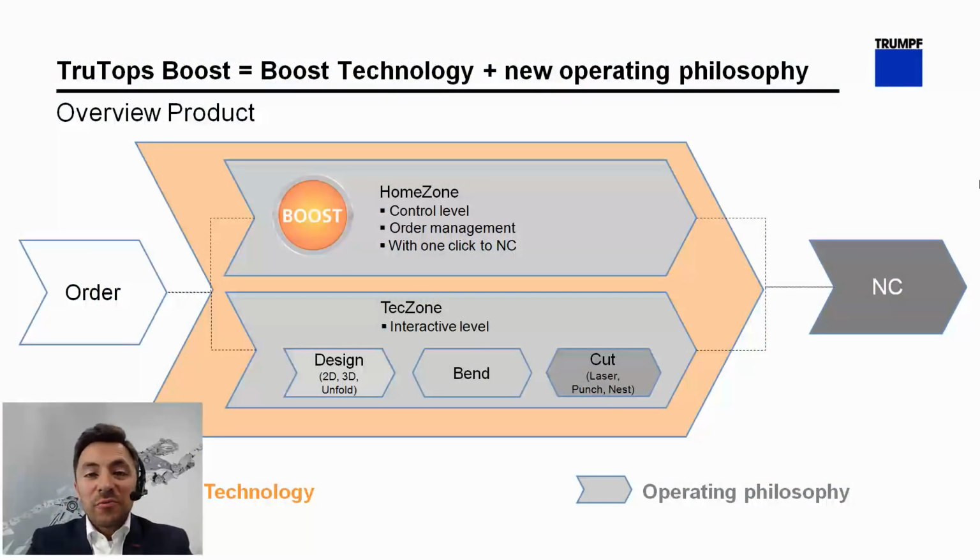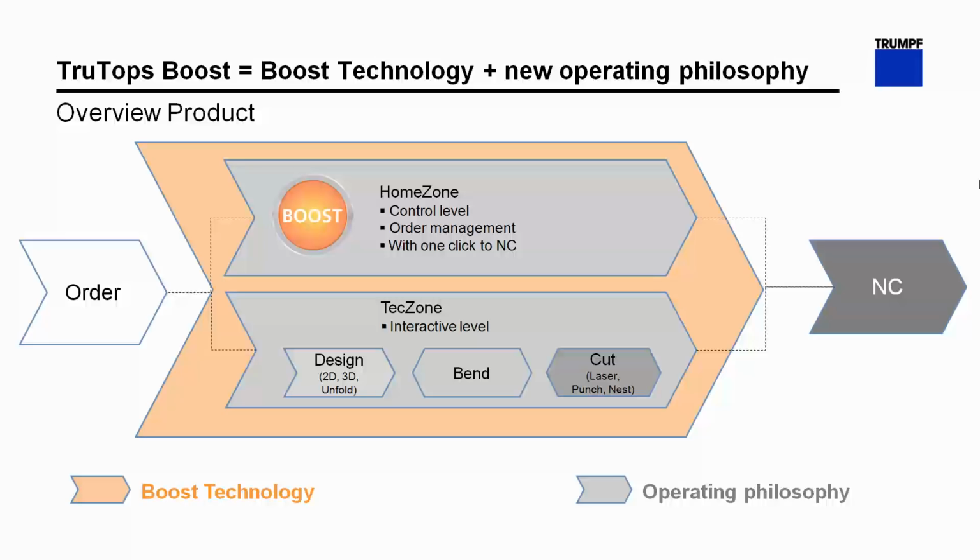So let's remind ourselves how TruTops Boost is structured. Basically, TruTops Boost is the sum of the Boost technology and the new operating philosophy. So the Boost technology contains all the automatic calculations, automatisms, and the whole new software architecture.